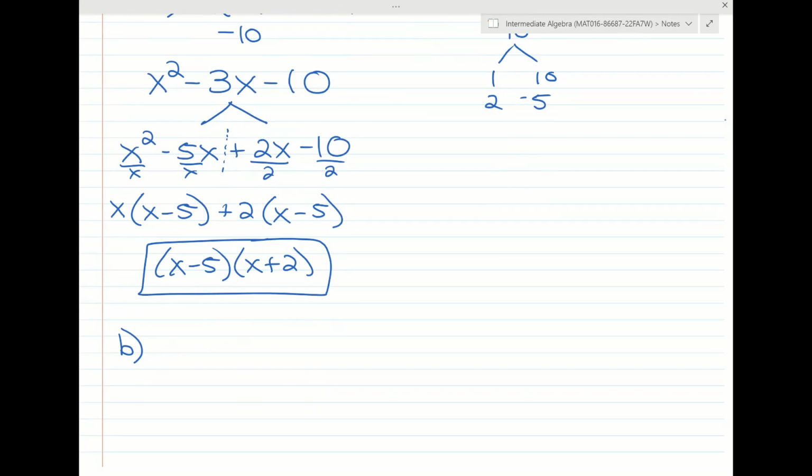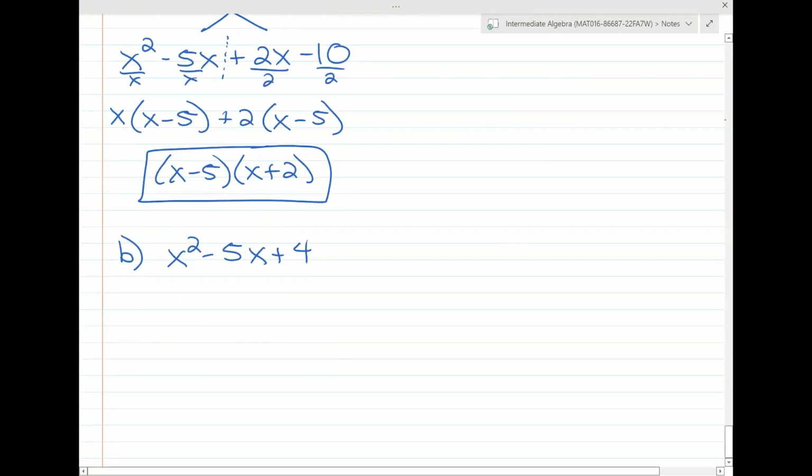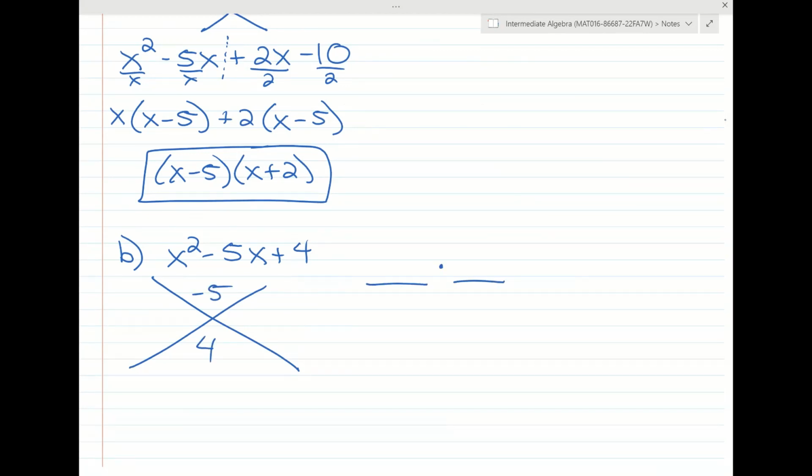Try another one here. How about x squared minus 5x plus 4? So first thing we always do is multiply the first and the last numbers together. And we're looking for two numbers that multiply to be 4, but they have to add up to be -5. Once we can figure those out, we go ahead and factor those. Anybody else?